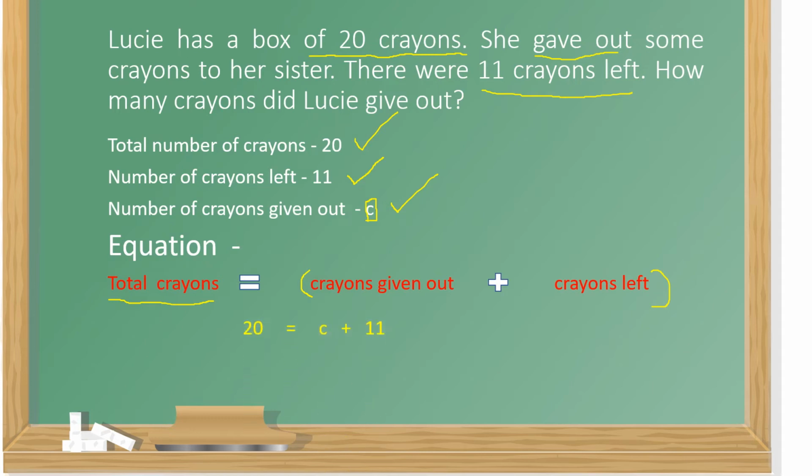So the final equation that I have is 20 equals C plus 11. Here C is my variable, 11 is the crayons that were left, and that equals 20. So this is how we use a variable and find an equation.